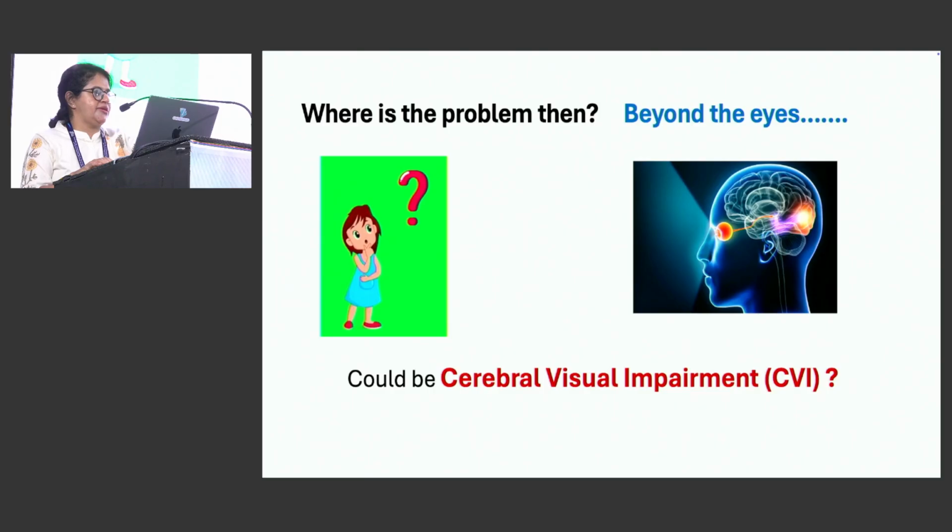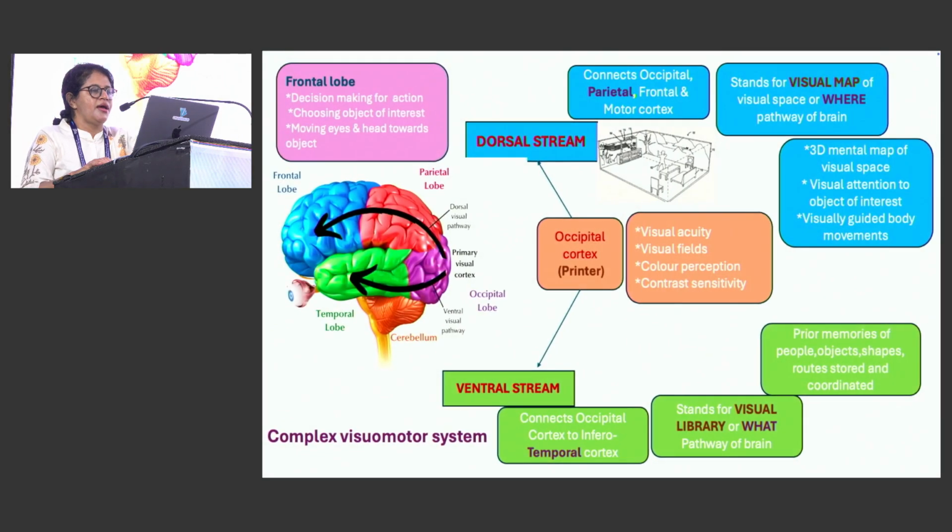It's beyond the eyes. It could be CVI, or cerebral visual impairment. So, a little bit of anatomy. We have a complex visuomotor system, and the visual impulses reach the occipital cortex. From there, two streams are there, the ventral stream and the dorsal stream. The ventral stream is connected to the temporal lobe, which is the visual library or the what pathway, where the prior memories of people, objects, and routes are stored.